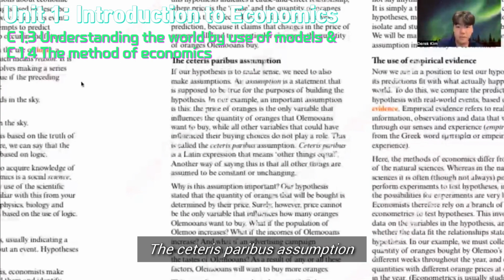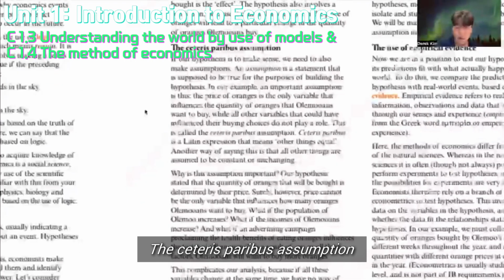In our example, an important assumption is this: the price of oranges is the only variable that influences the quantity of oranges that Olimoans want to buy, while all other variables that could have influenced their buying choices do not play a role. This is called the ceteris paribus assumption. Ceteris paribus is a Latin expression that means other things equal. Another way of saying this is that all other things are assumed to be constant or unchanging.